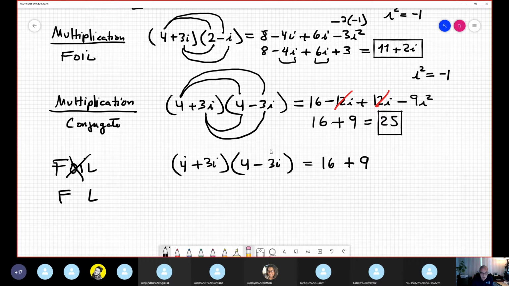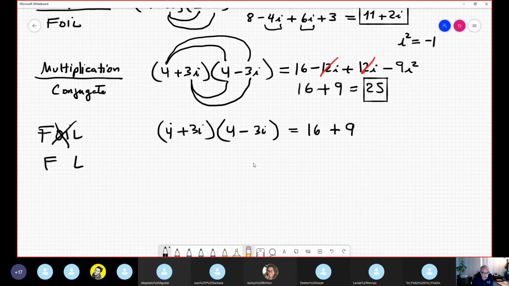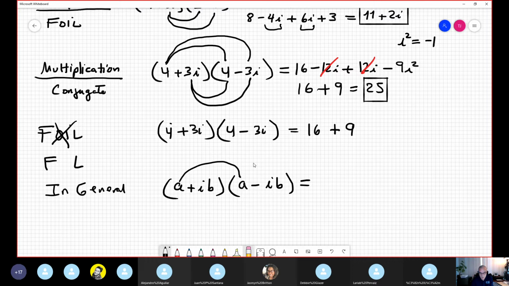It's always the same. If you want, I do it in general. Suppose you have a totally arbitrary complex number: a plus ib, a minus ib. You perform the multiplication using FOIL, because I have no idea of this shortcut. a squared, minus abi, because it's a times b and i.